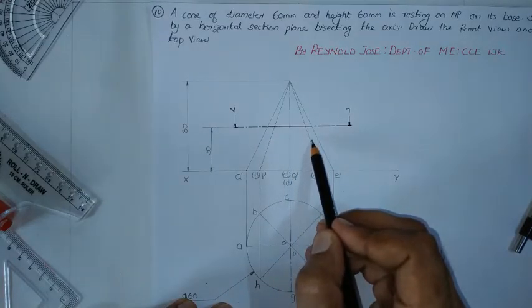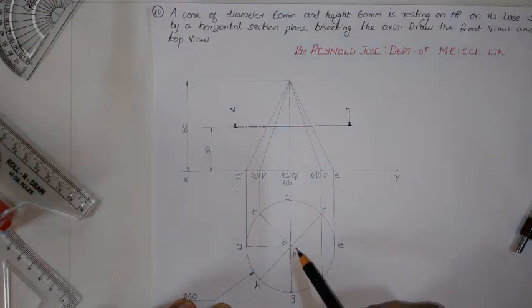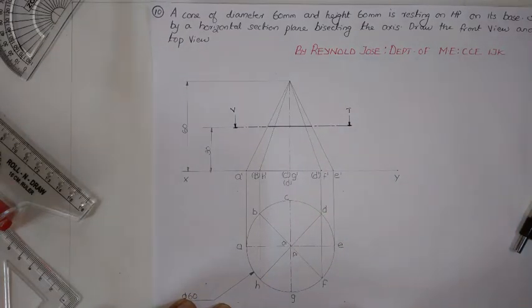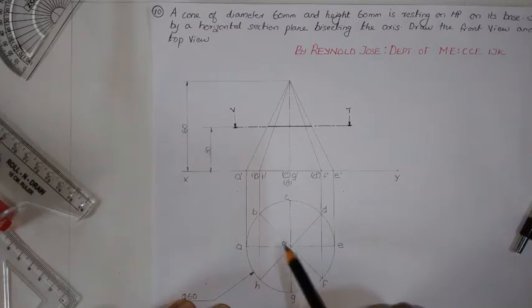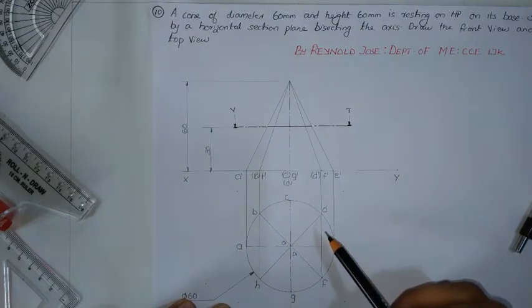Totally this cone is having, we have identified around 8 generators starting from PA, PB, PC, likewise up to PH. We are having 8 generators, out of which only 5 will be visible in the front view. So generator PA, PH, PG, PF and PE will be visible, and other generators PB, PC and PD, they won't be visible in the front view.